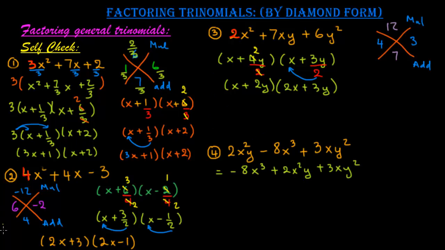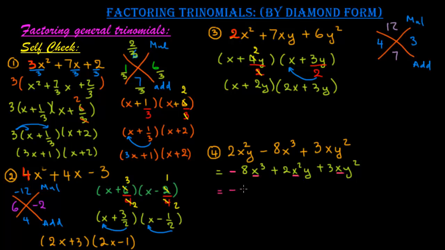Okay. Then we find the greatest common factor. So 2 doesn't go into 3 and 3 also doesn't go into 2, so with the numbers we don't have any greatest common factor. But how about x? We have x here, and here. So it means x is a greatest common factor, but also the negative, because our problem starts with the negative sign.